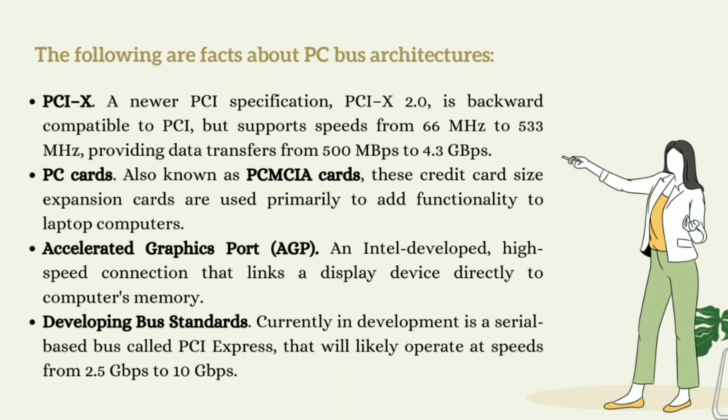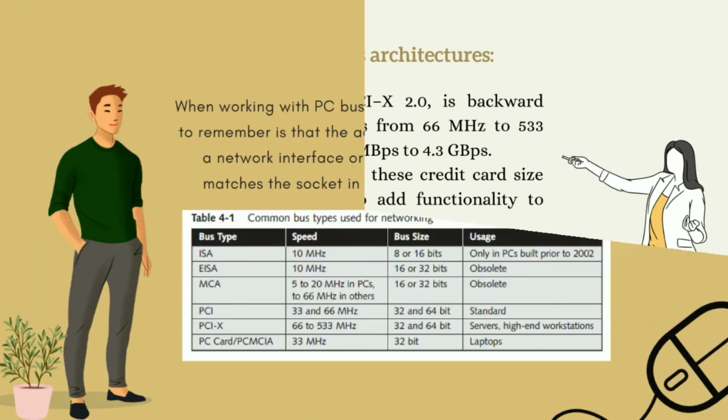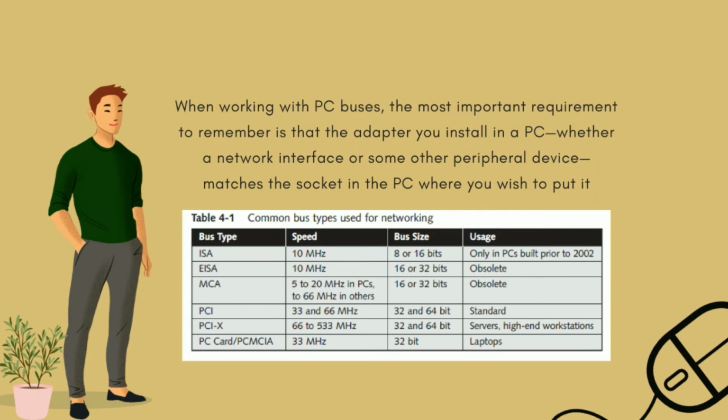These speeds are expected to reach 5 Gbps and beyond. Although PCI-X bus slots will be backward compatible with existing PCI boards, PCI Express hardware will maintain only some backward compatibility. That concludes my report about PC buses, but there is an important note to follow.